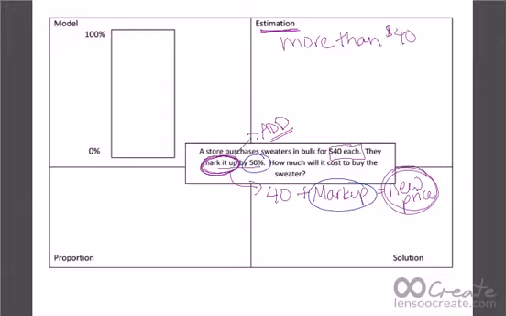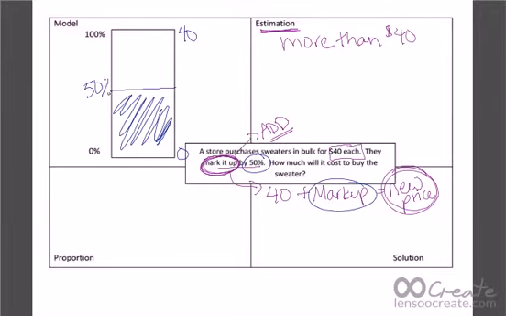Okay, so if we start by looking at our percent bar, okay, 0% is 0, 100% is 40. I'm looking for 50%. Well, 50% is actually kind of easy because 50% is a half. So I can just cut it right in half. There's my half.